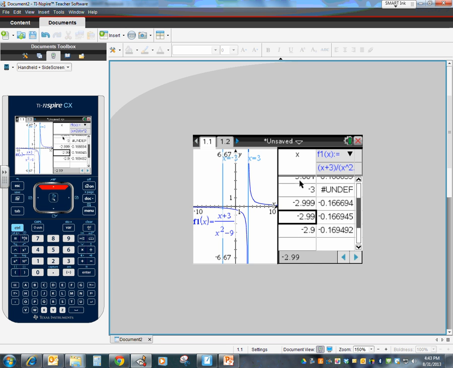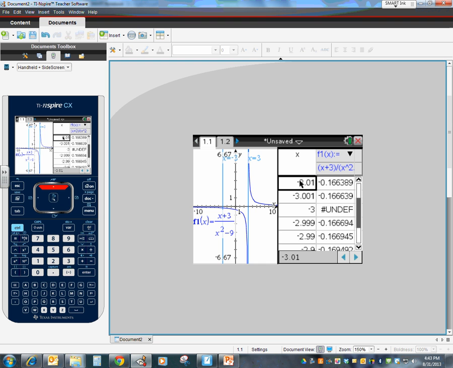So when you look at these numbers, this is negative 0.169492, so negative 0.166. And so you can see these numbers are actually approaching the same number. So that's a great example of what you have when you have removable discontinuity, okay?